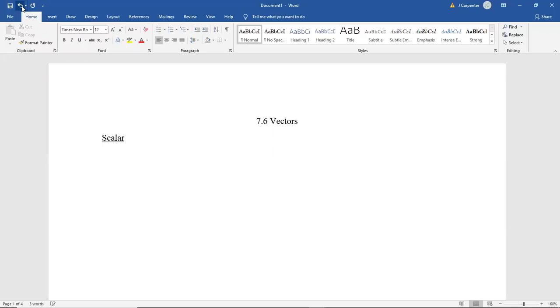let's compare the idea of being a scalar to the idea of being a vector. A scalar only has size. It's a number that only has size, but a vector is a number that has size and a direction.